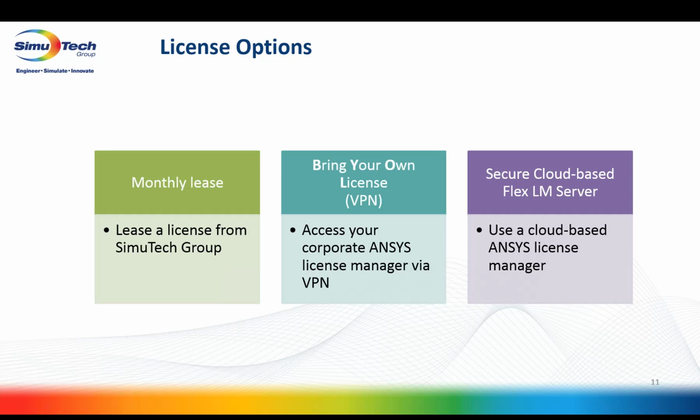You can also do the middle one here, the bring your own license, using a VPN connection. Again, this is what I mentioned earlier about the Cisco and Juniper VPN. So actually the cloud computer initiates a VPN session back through the corporate firewall using your credentials and pings your FlexLM server and then pulls a license that way. So the data transfer from the VPN is pretty minimal, but in terms of being able to grab a license.